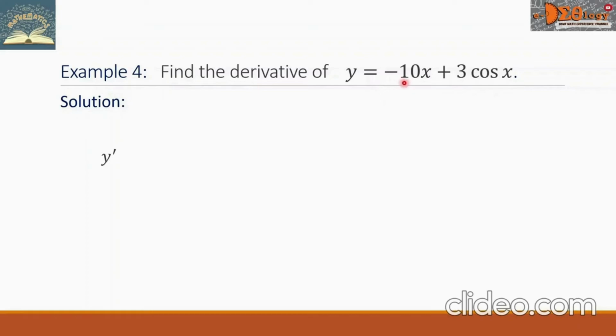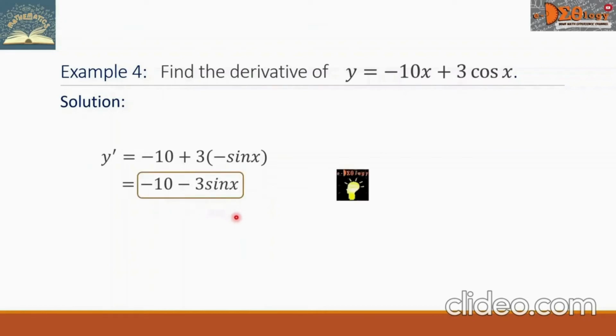So the derivative of negative 10x is negative 10, plus the derivative of 3 cosine x. We copy the constant 3, then we take the derivative of cosine x, that is negative sine x. Simply, we combine the positive 3 with the negative sine x. So finally we have negative 10 minus 3 sine x.